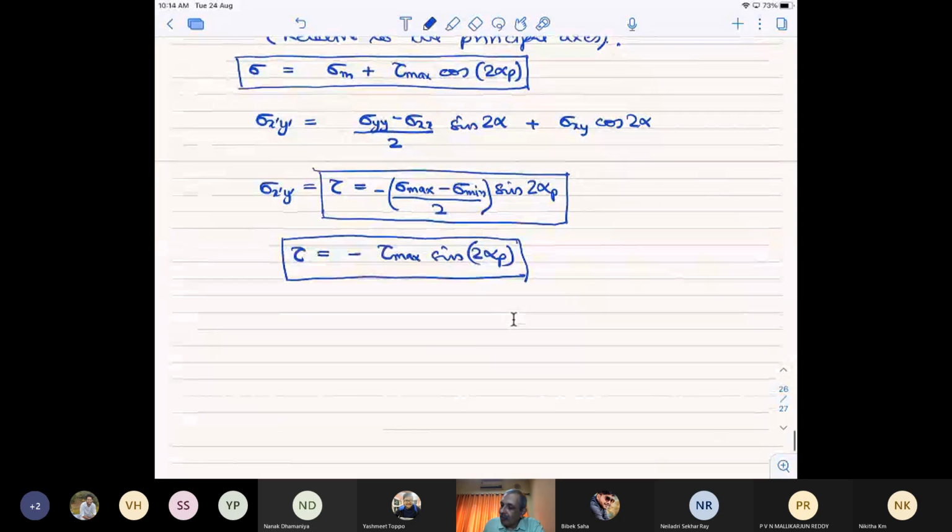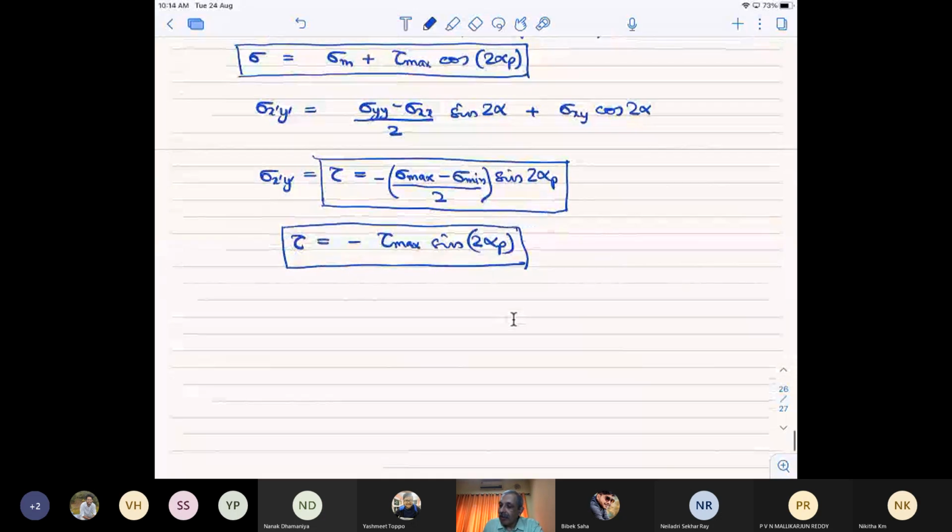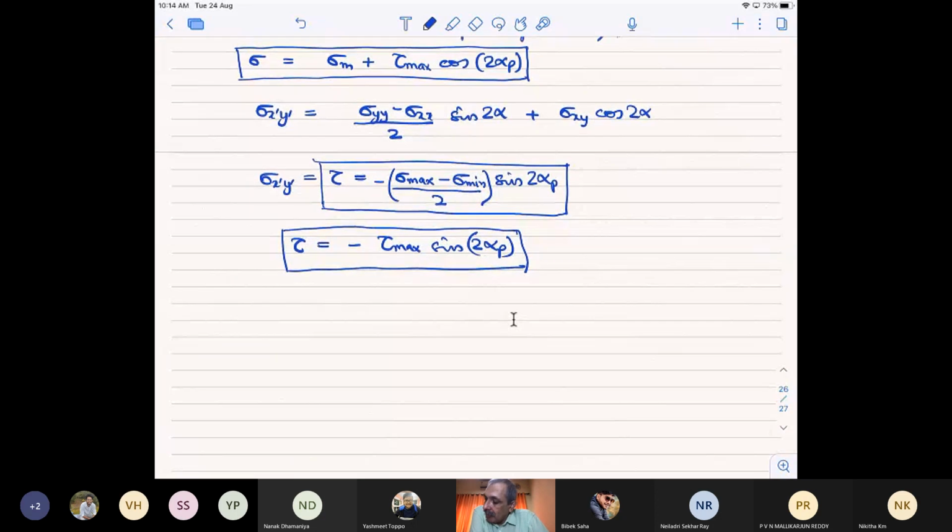But once you write it like this, then all of you will understand that I can easily write this in the form of a circle. In fact, these two equations are equations for a circle. If we look in the tau and sigma plane, then these are parametric equations for a circle.